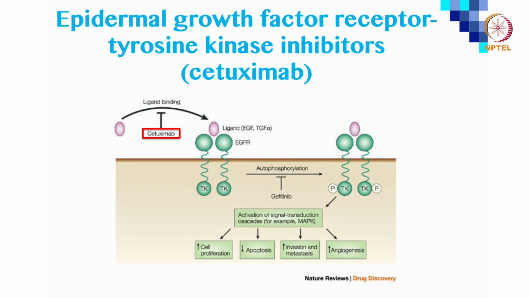After ligand binding to EGFR, EGFR autophosphorylates and activates a signal transduction cascade for cell proliferation, inhibition of apoptosis, invasion and metastasis, and angiogenesis. Cetuximab inhibits ligand binding to EGFR.